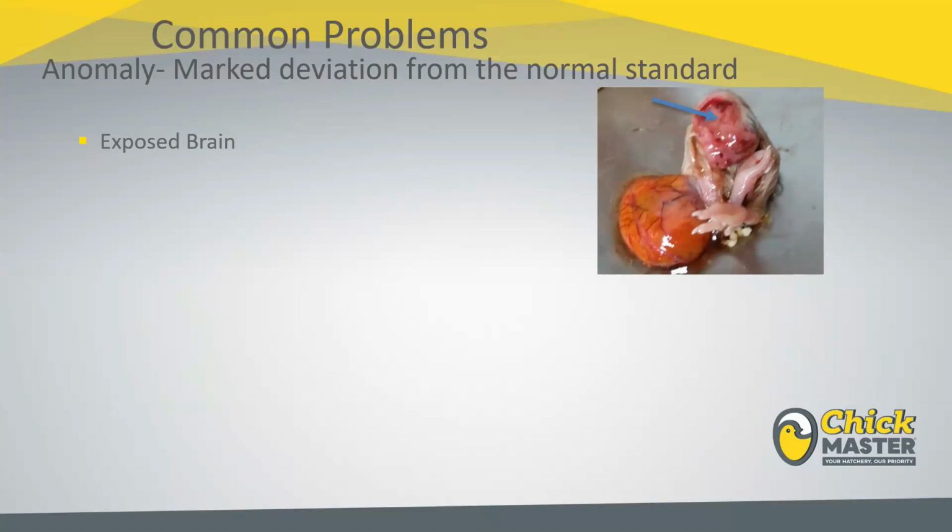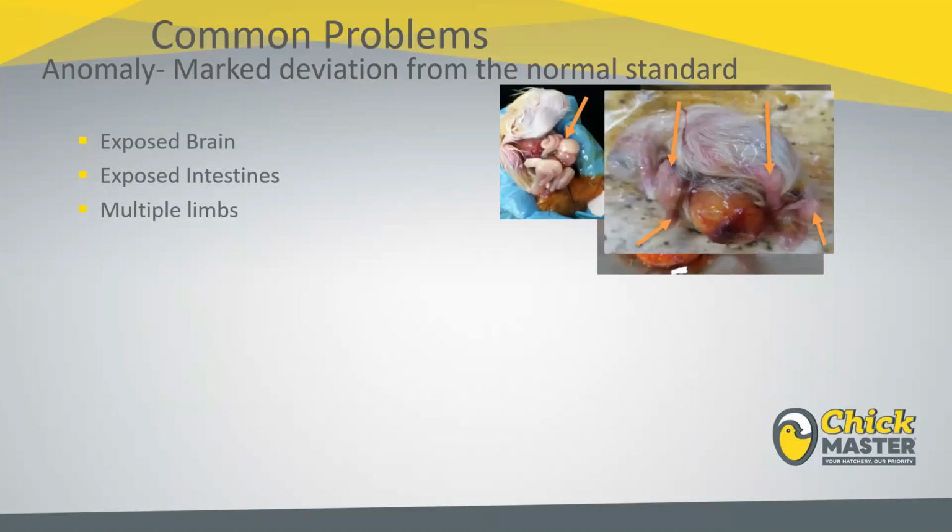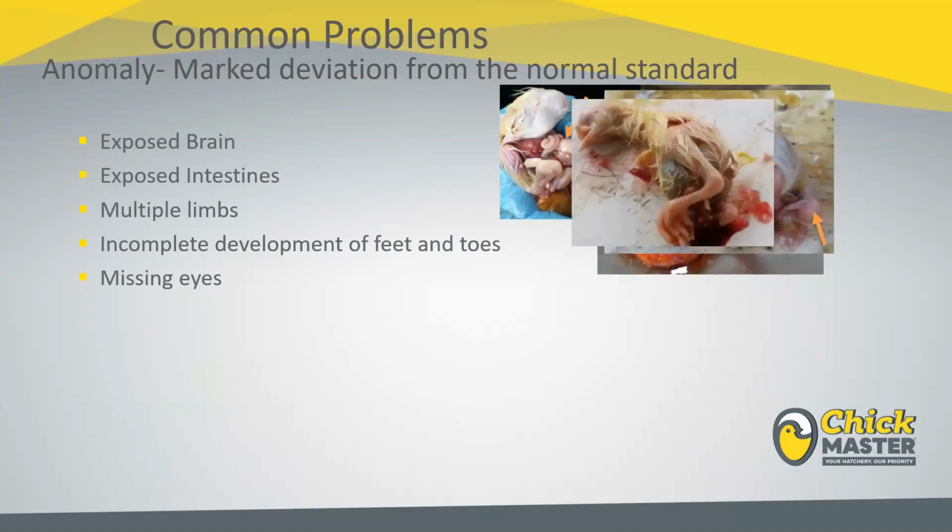You'll see that, like in this illustration, exposed intestines or exposed viscera, an open abdomen cavity, multiple limbs is fairly common, incomplete development of feet and toes, missing eyes, twisted beak. Those are all items that are associated with anomaly.